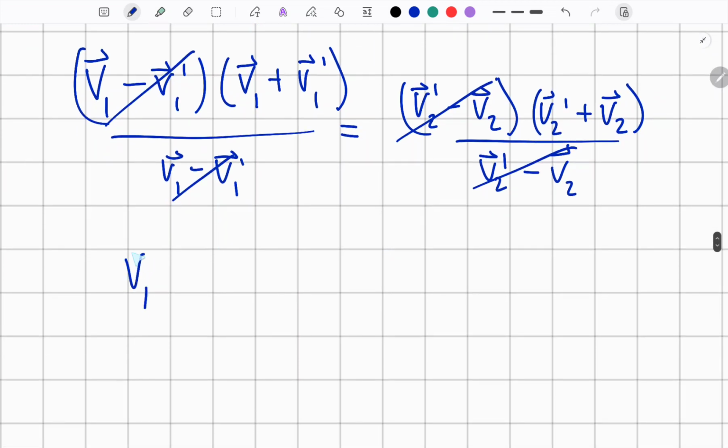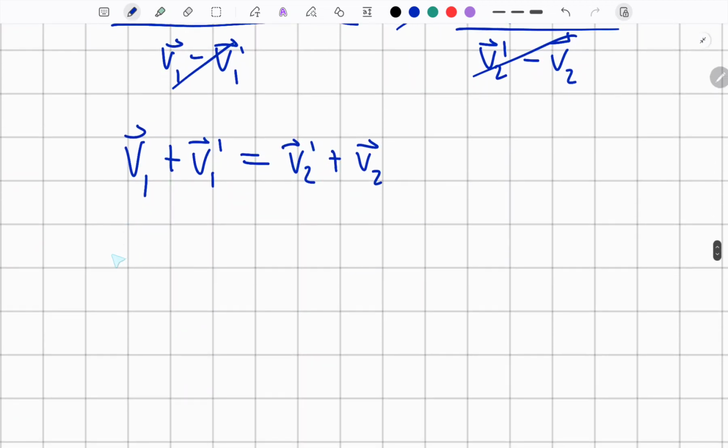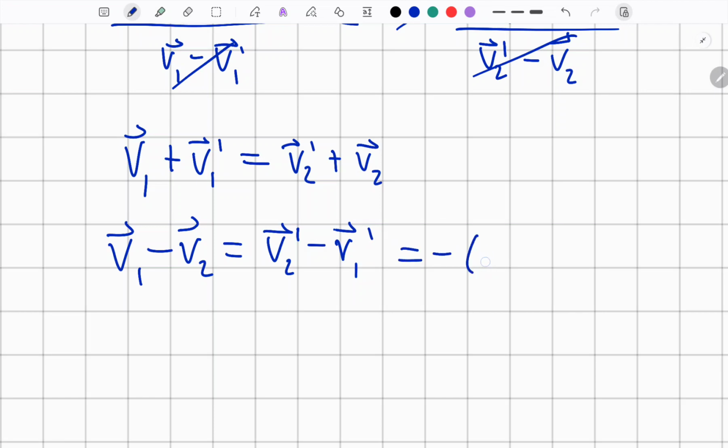And we're going to end up with V1 plus V1 prime equals V2 plus V2 prime. Manipulating this equation, we'll get V1 minus V2 equals V2 prime minus V1 prime, which is what we set out to show. This is the same as negative (V1 prime minus V2 prime).